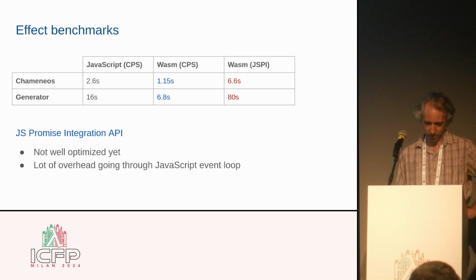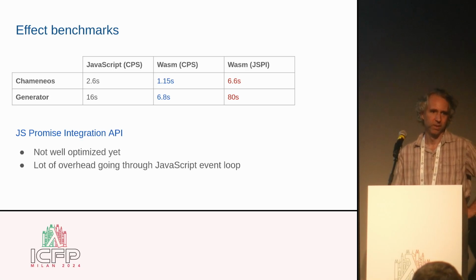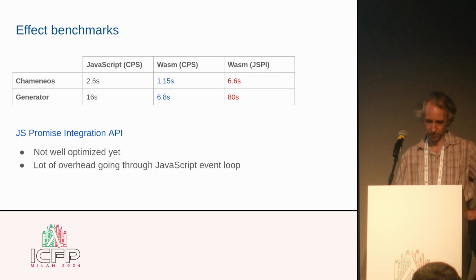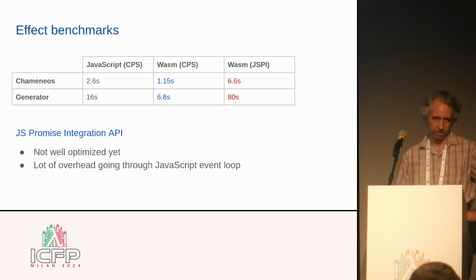The one using the JS Promise Integration API is much slower because it's going through the JavaScript event loop each time it switches to a different stack.